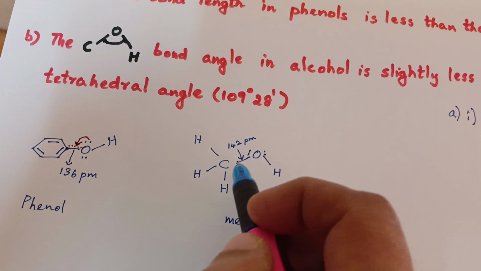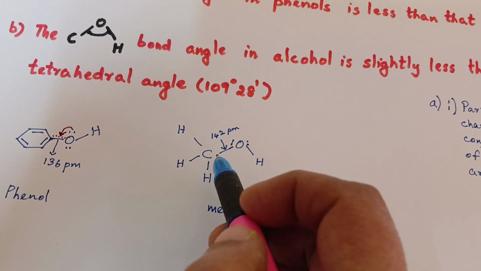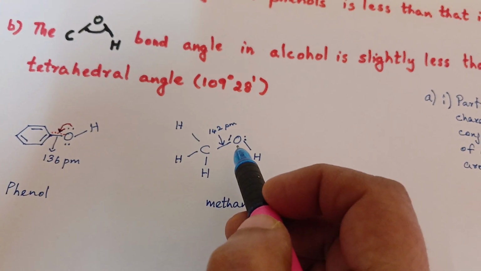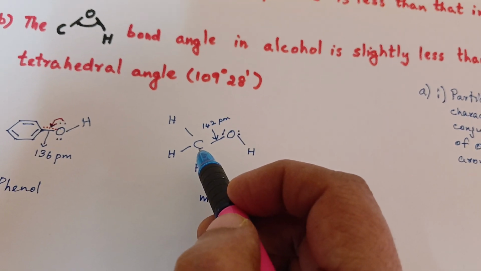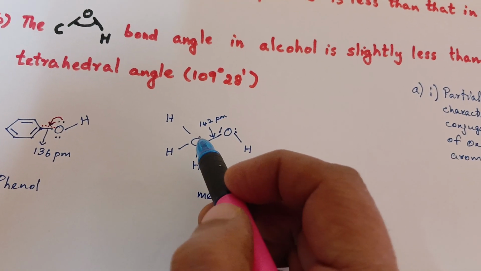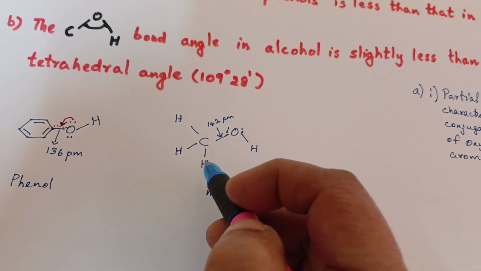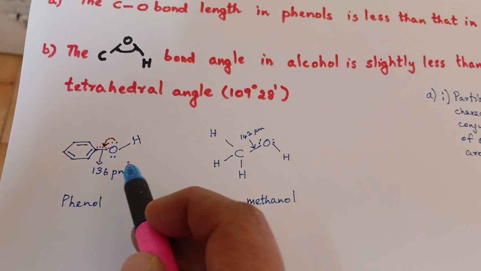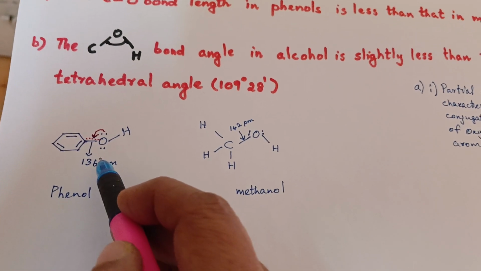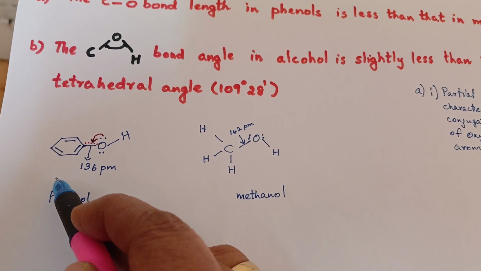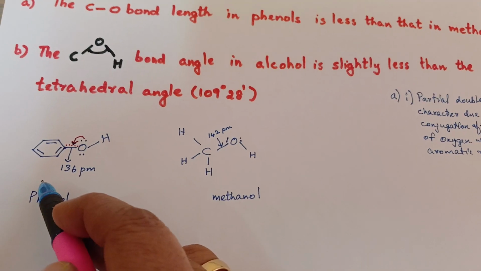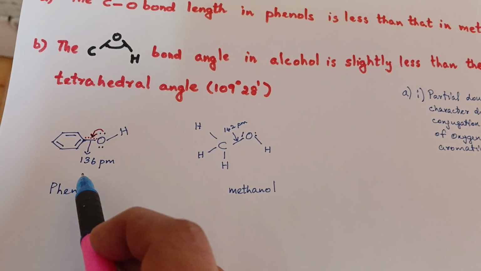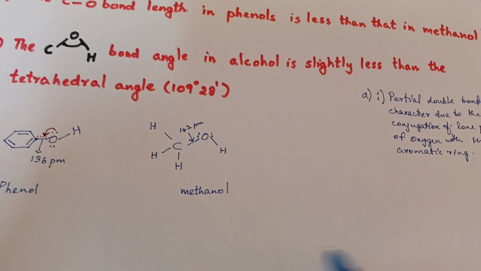Here in the case of methanol, this oxygen is connected to a carbon which is sp3 hybridized, which is not as electronegative as sp2 hybridized. In sp2 hybridized, s character is more. So that is why it is behaving as a more electronegative entity.